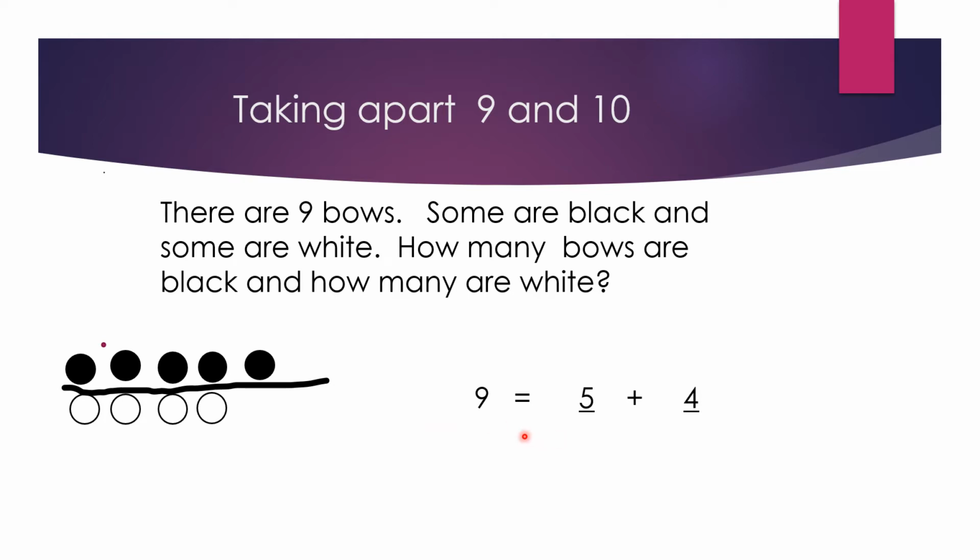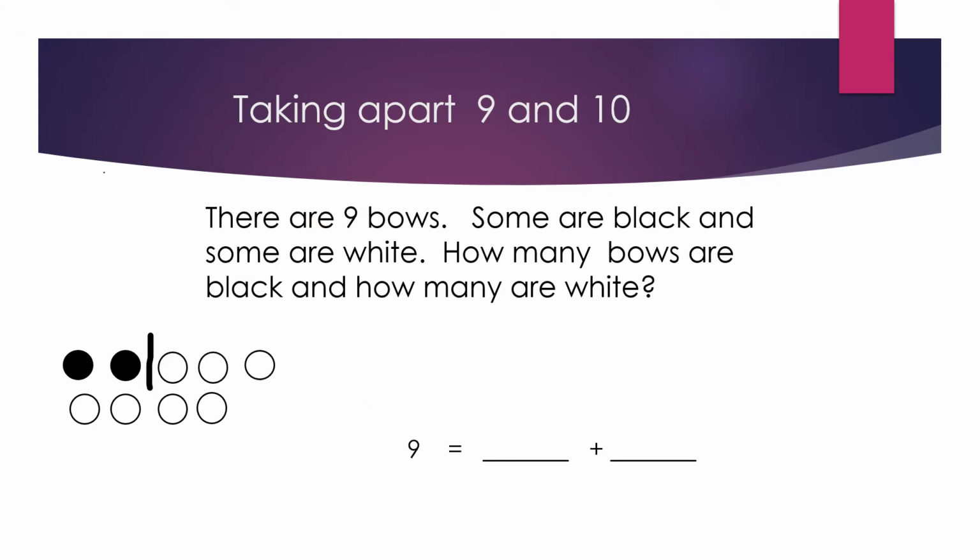So my equation reads 9 equals 5 plus 4. Nice work, kindergarten. I wonder if there's another way to make 9. Let's try another problem and see if we can come up with another way to make 9.